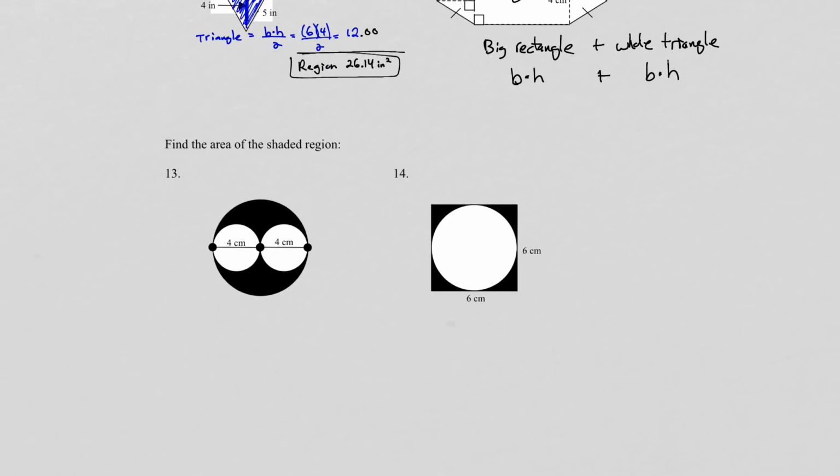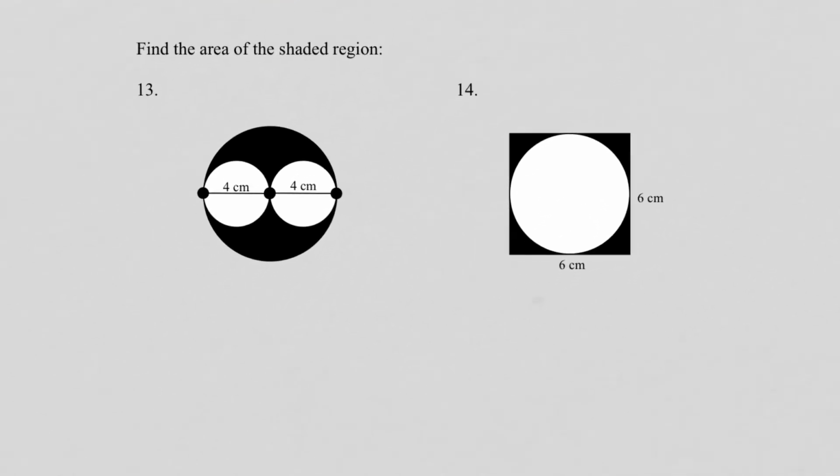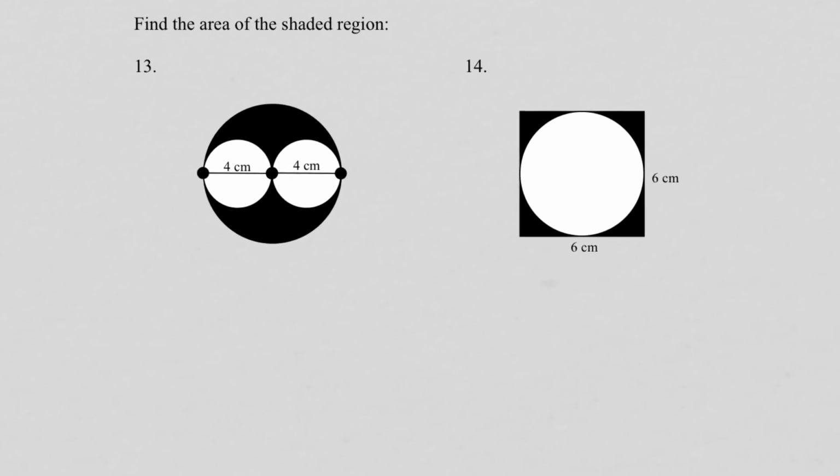All right, let's take a look at number 13. Okay, so number 13 is once again another region or shaded area. As you can see, we have 3 circles here. We have the big circle, and then we have 2 identical small circles.